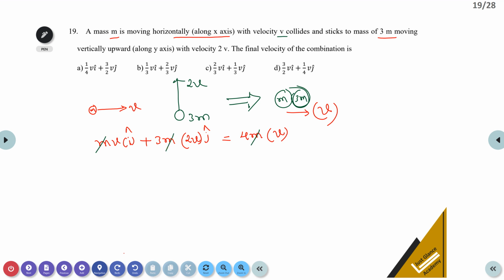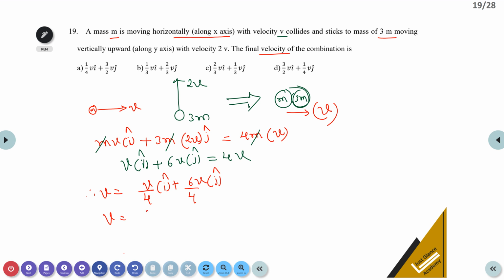So v i cap plus 3 into 2, 6v j cap, equals 4v. But it asks for the final velocity of the combination, therefore v equals v by 4 i cap plus 6v by 4 j cap, which becomes v by 4 i cap plus 3 by 2 v j cap.